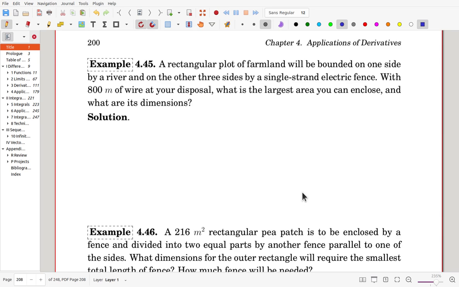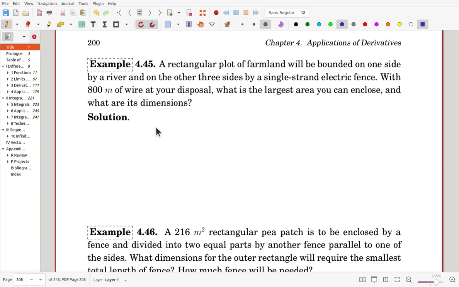Okay, a rectangular plot of farmland will be bounded on one side by a river and on the other three sides by a single strand electric fence with 800 meters of wire at your disposal. What is the largest area you can enclose, and what are its dimensions?